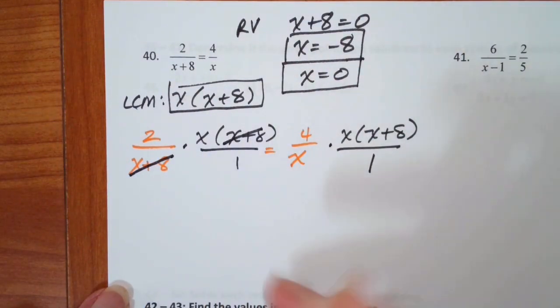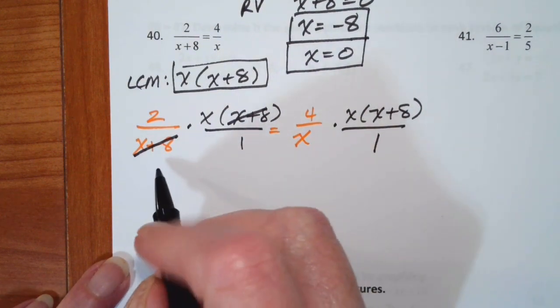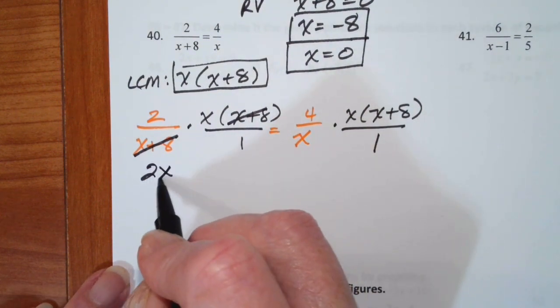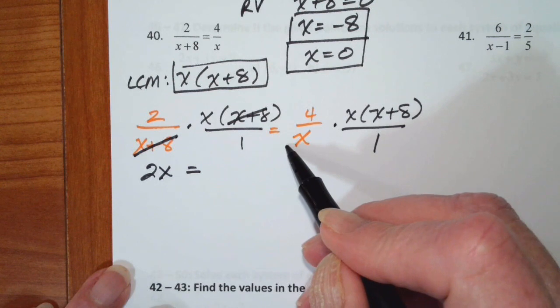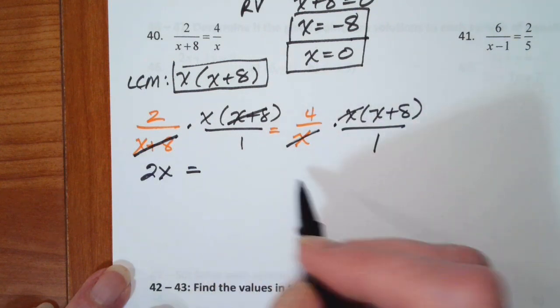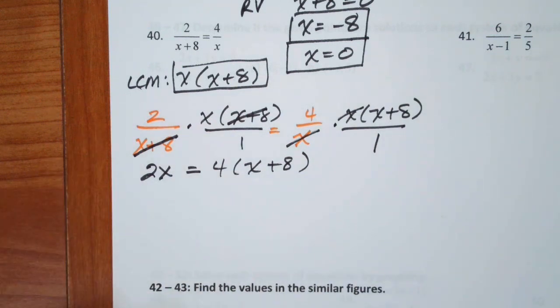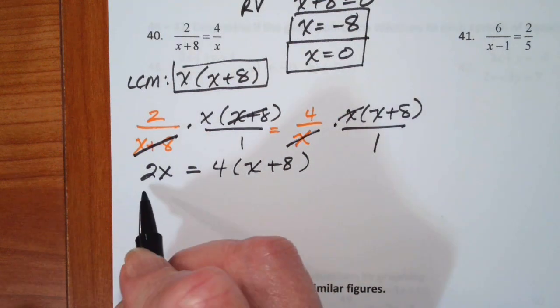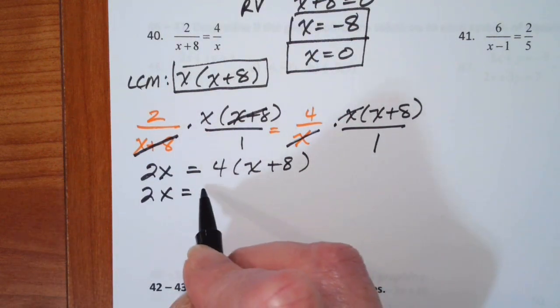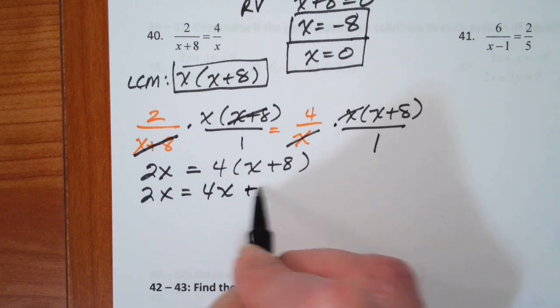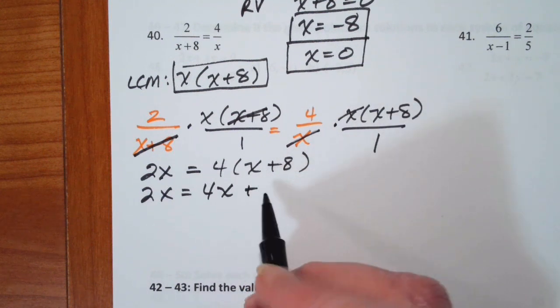So I have a factor of x plus 8 over x plus 8. So this side gives me 2x. My x cancels out, equals 4 times x plus 8. So that gives me 2x is equal to 4x plus 32.